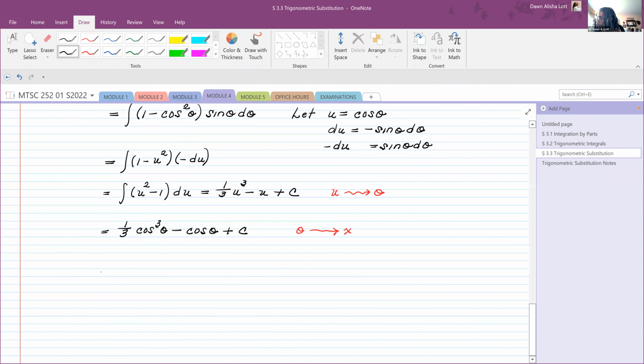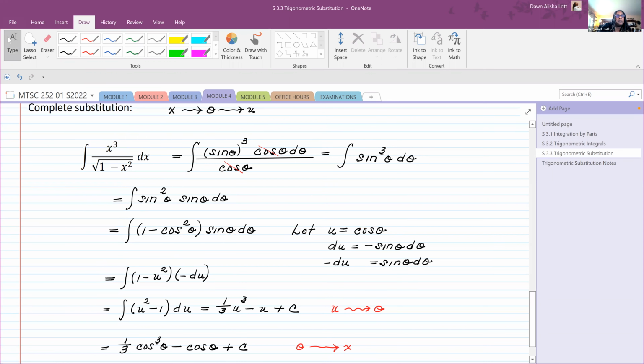So this becomes 1/3. Then I'm going to get the square root of 1 minus x squared, that has to be cubed, minus the square root of 1 minus x squared, because that's cosine, plus a constant.